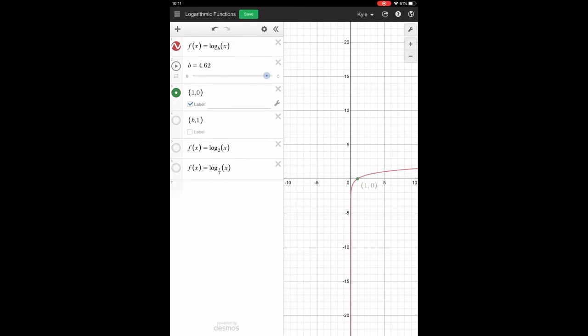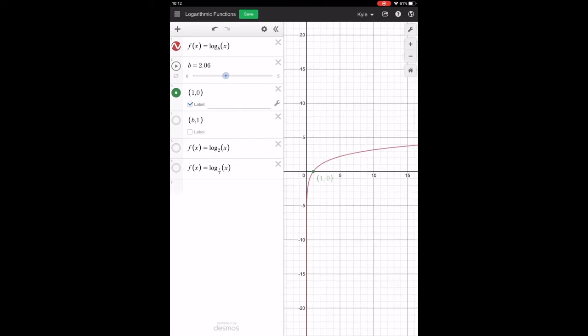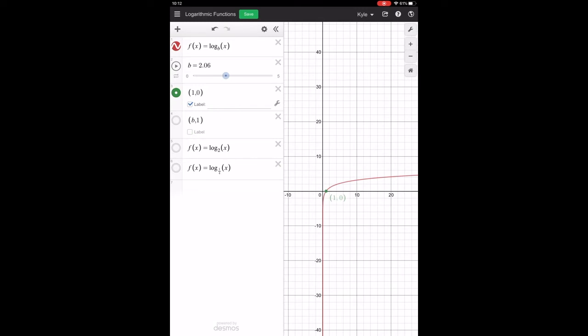So let's take a look back here. Notice that as b decreases, as it gets closer to 1, we get a wider curve on the red graph. But as it gets farther from 1, we have a much more dramatic curve. It gets narrower and gets closer and closer to the x-axis. It keeps bending down more.